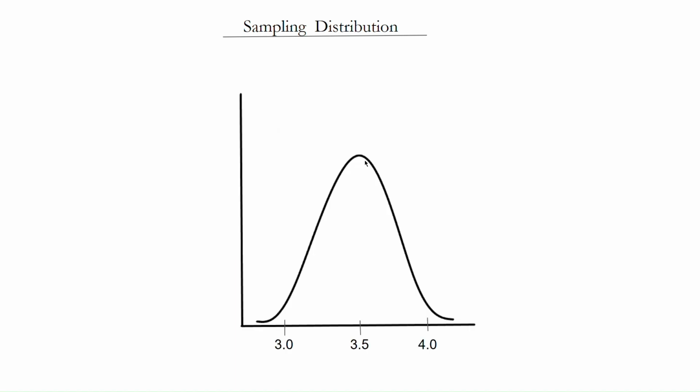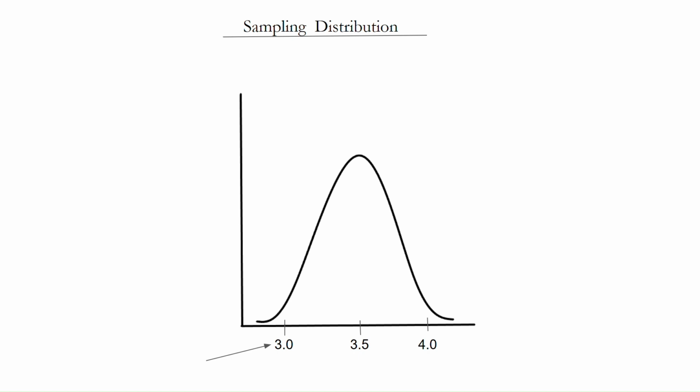So this is what the graph will look like if you collect all the data from the millions of friends. The first thing you notice is that it is different, because this graph is based on sample averages rather than individual outcomes. If a graph is based on sample averages rather than individual outcomes, it is called a sampling distribution.